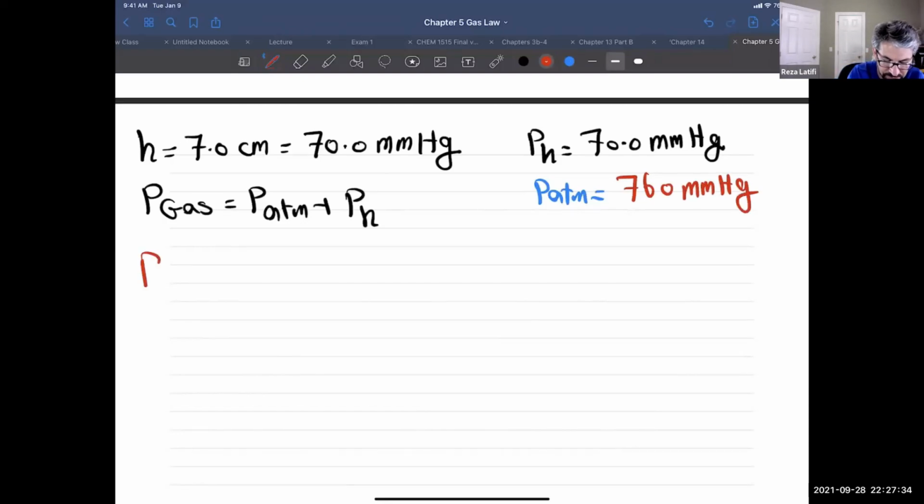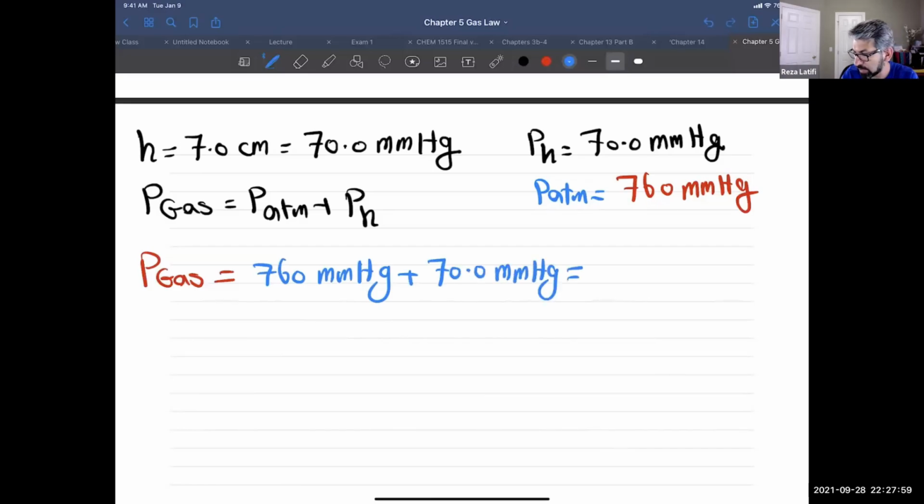So you go P gas equal to, first one actually is atmosphere, so it will be 760 millimeters of mercury plus 70. This one will be 830 millimeters of mercury.